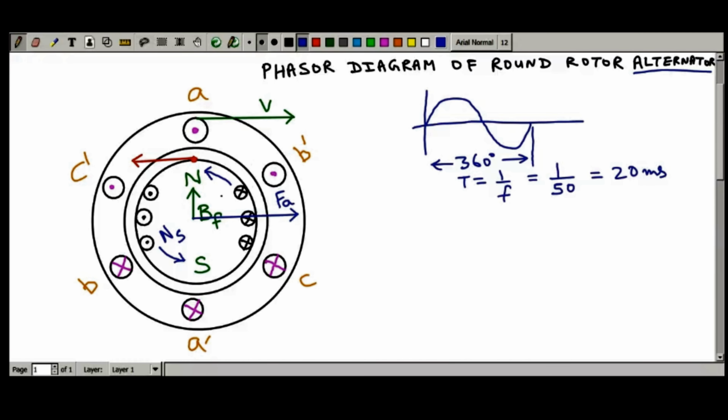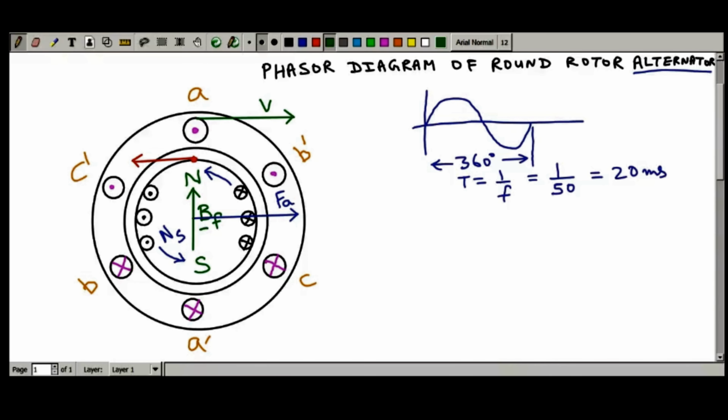Okay. Now, what do you find? That the reluctance which is offered to the field MMF and armature MMF is the same, because the air gap is uniform between the rotor and stator, isn't it? Air gap is uniform, so they are offered the same reluctance.